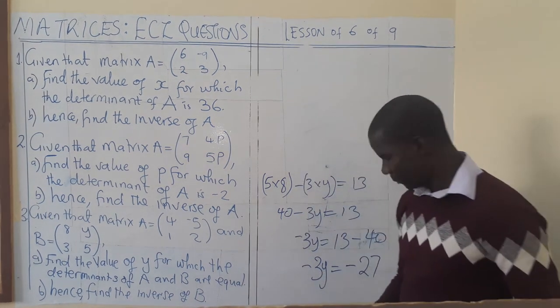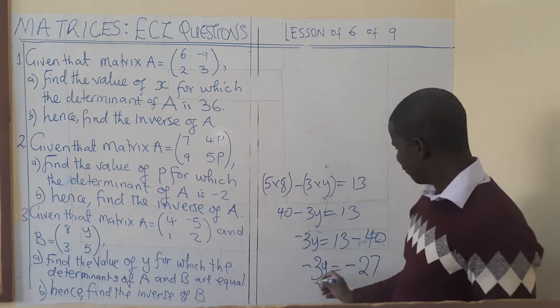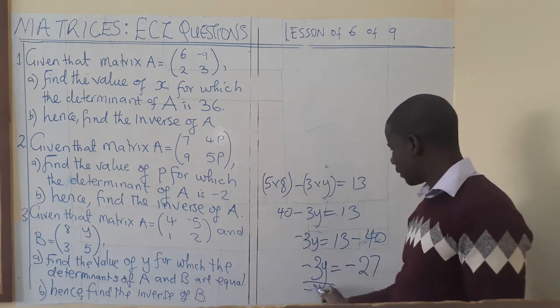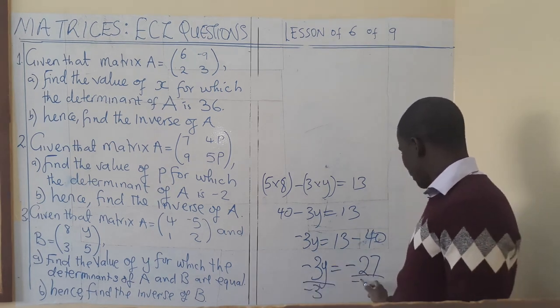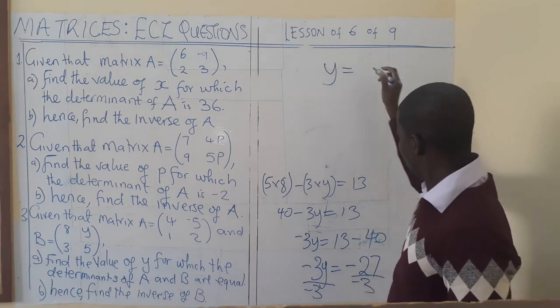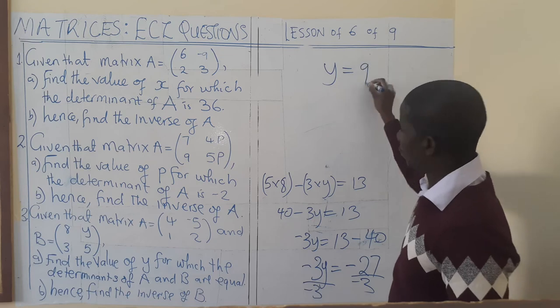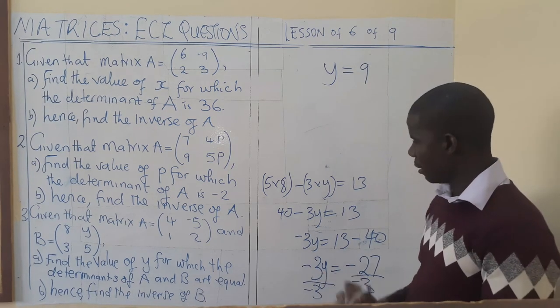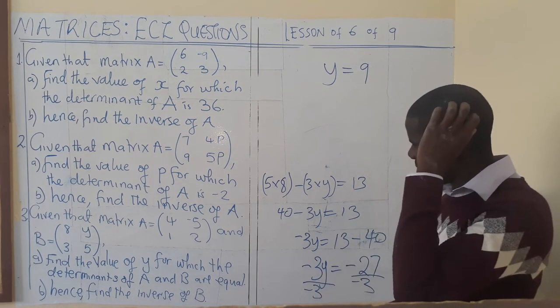Then we go on and divide both sides by negative 3. So our y is equal to positive 9.